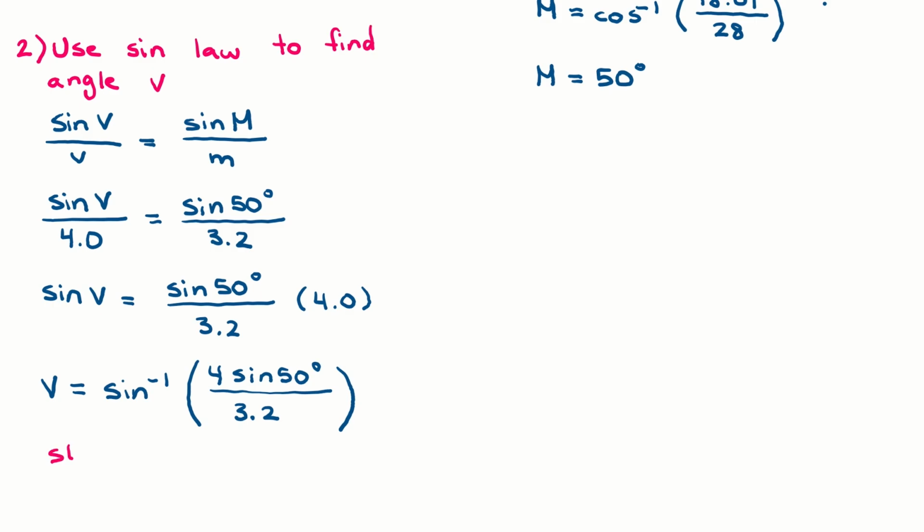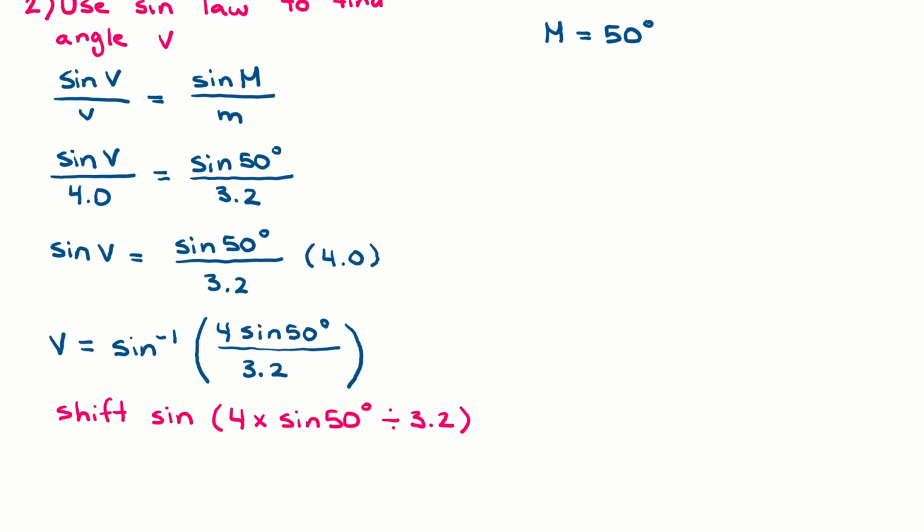Remember, you are pressing Shift and then sine. And then you want to do bracket 4 times sine of 50 divided by 3.2. And sometimes you need brackets around the sine of 50 as well.